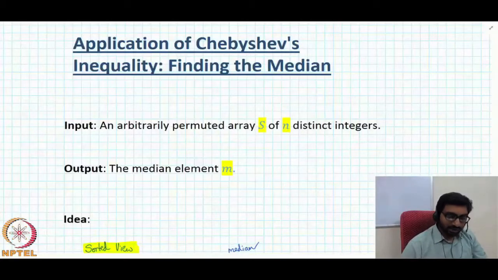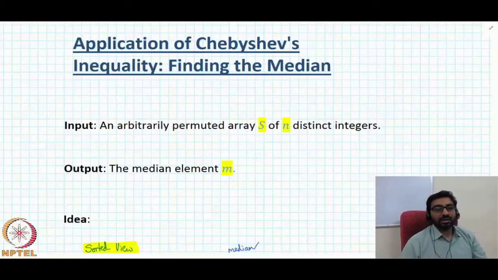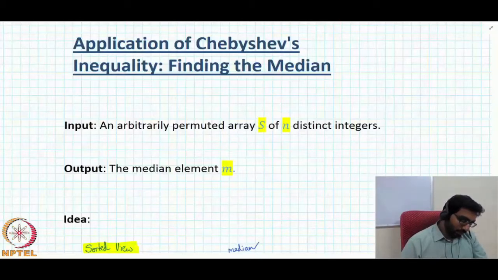They don't really need to be distinct, but for simplicity, we're going to assume that they're distinct. And of course, we're going to assume that the array is arbitrarily permuted, because if it is sorted, then finding the median is trivial. So the required output is the median element m.